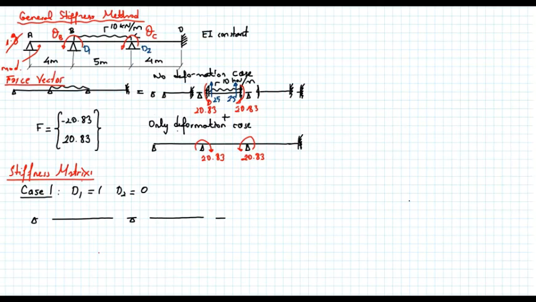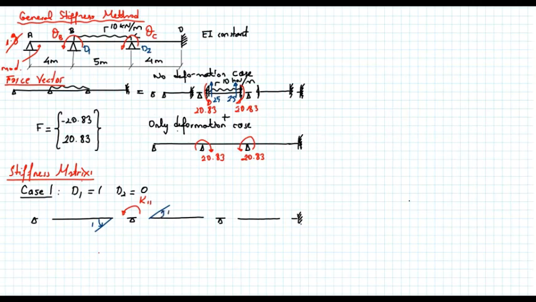So let's draw the free body diagram. Now I apply a moment. The name of that moment is K11, and this moment will create a unit rotation that's equal to 1.